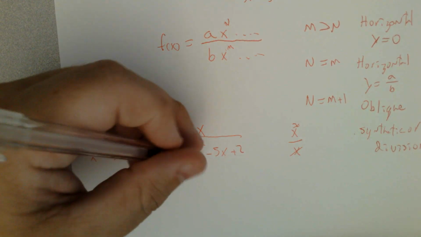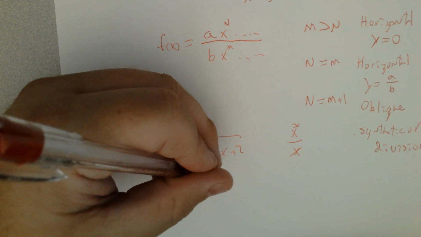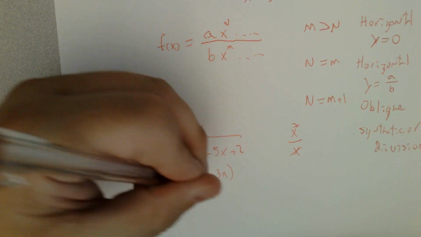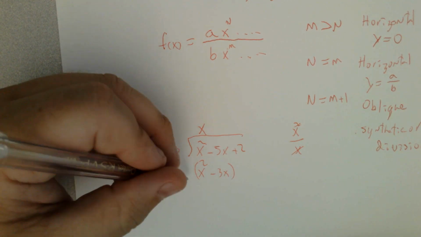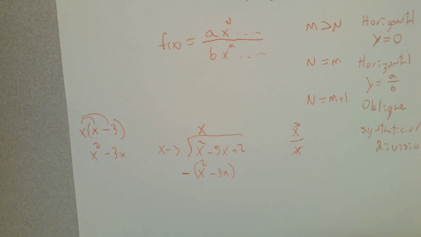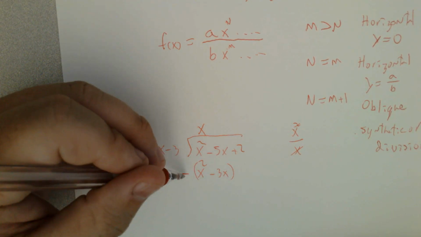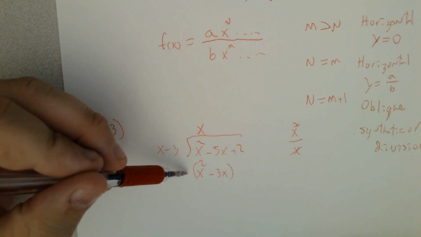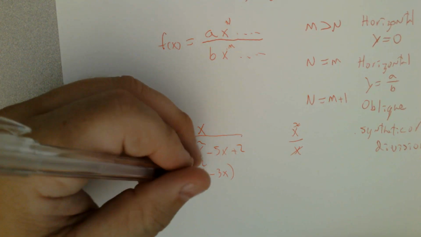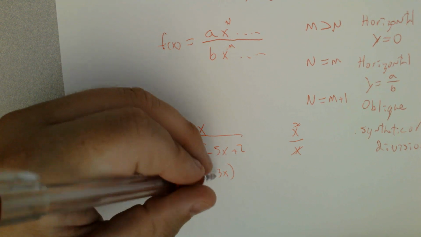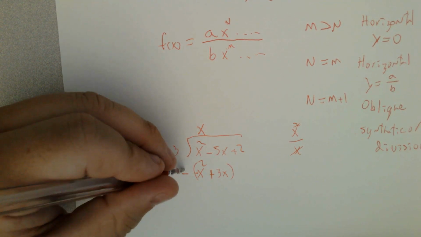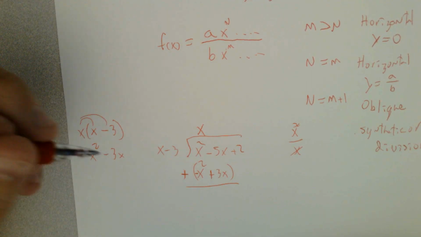I'm going to take it and put it down here in parentheses, and then like any long division, we have to subtract this. I put it in parentheses to trigger in my mind that I have to distribute this negative. So this is going to become a negative x squared. This will be a positive 3x, which turns this into an addition.